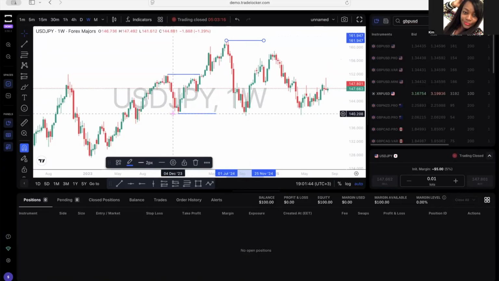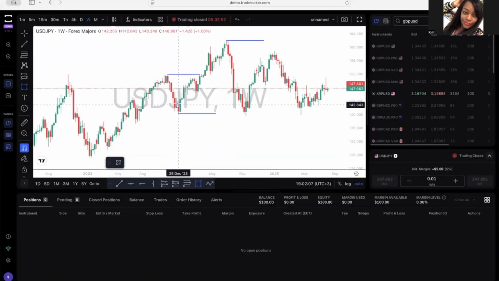So these are my edges, my swing highs, my swing lows, and this is why I'm trying to drill it into your brains, okay? If you just trade from the swing high and the swing low, then you're going to do well. And as you can see right here is a demand zone, right?